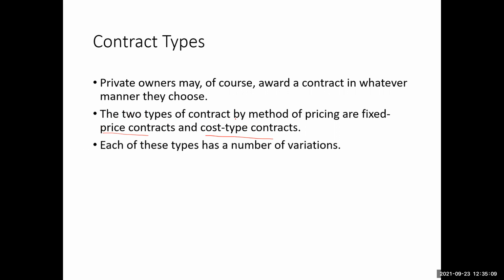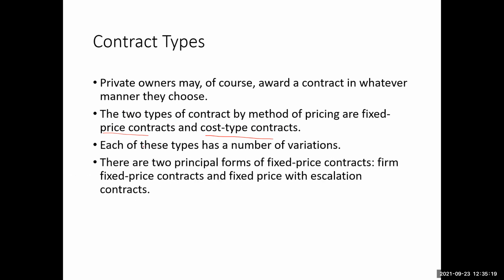So what are the fixed price contracts? And of course, in the fixed price contract and also the cost type contracts, there are certain variations as well. There are two principal forms of the fixed price contracts.